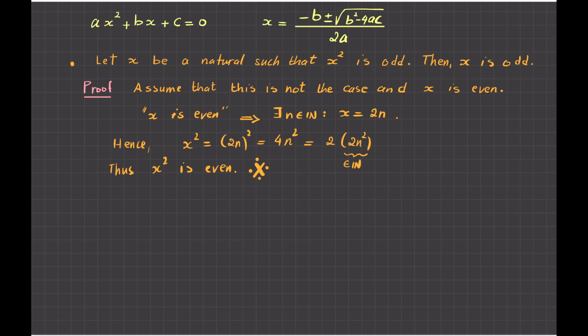The second thing that we want to prove is that: let x be an odd natural number, then x squared is a multiple of 8 plus 1.